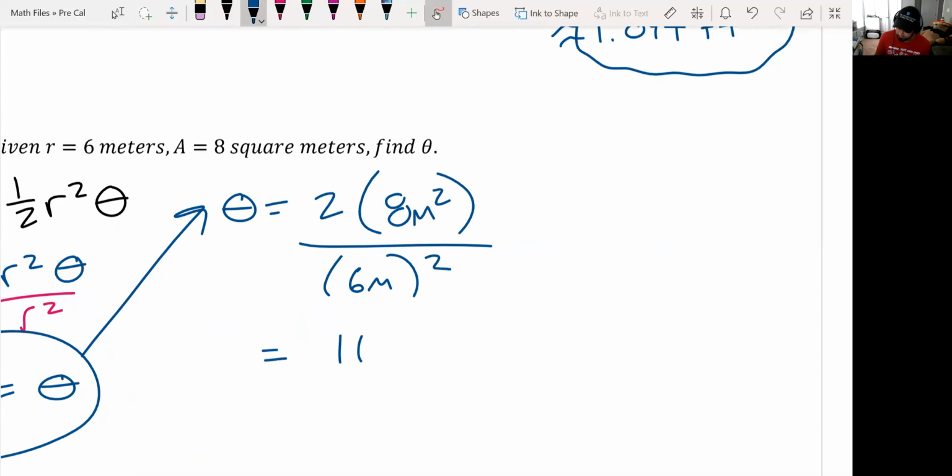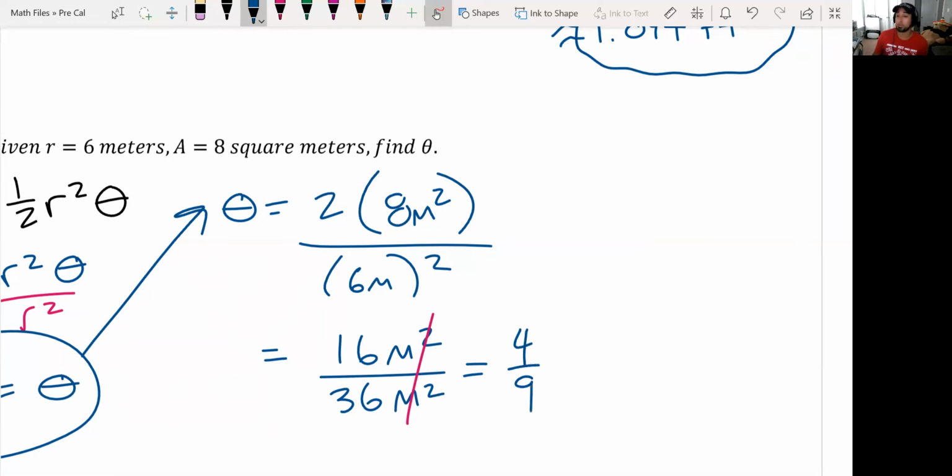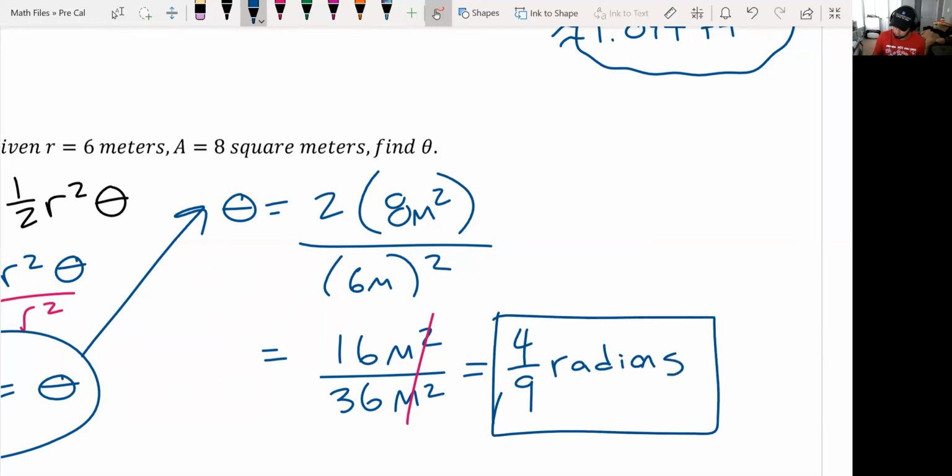We get 16 square meters over 36 square meters. Your meters cancel. And 16 over 36 reduces to what fraction? 4/9. So this means that theta is 4/9 radians.